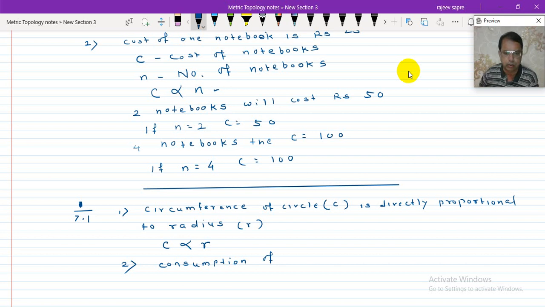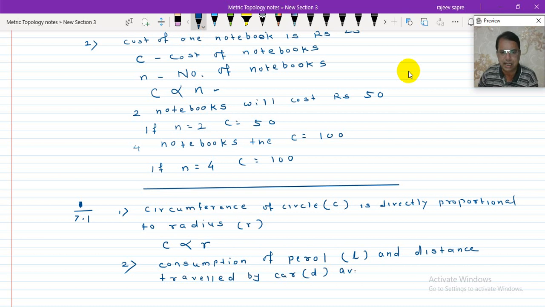Consumption of the petrol, suppose L in a car, and distance traveled by that car, D, suppose these are in direct proportion.